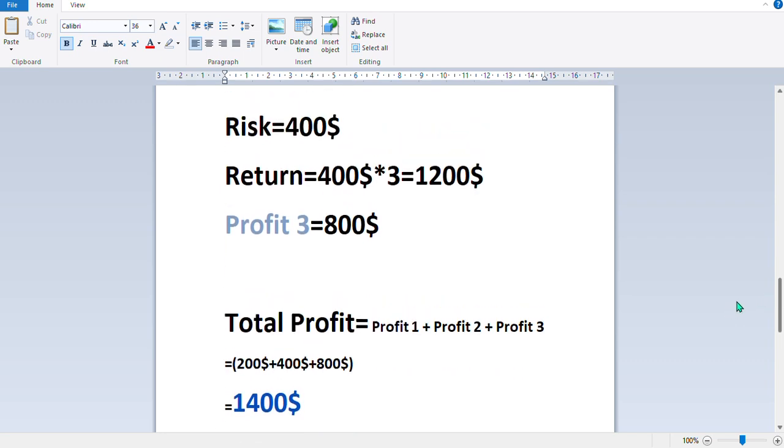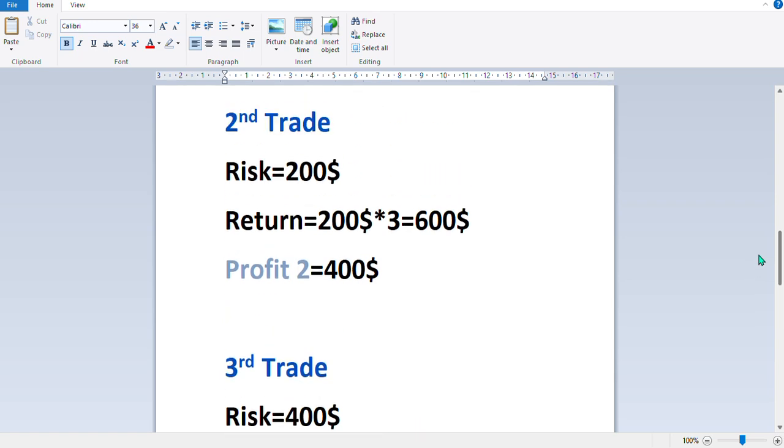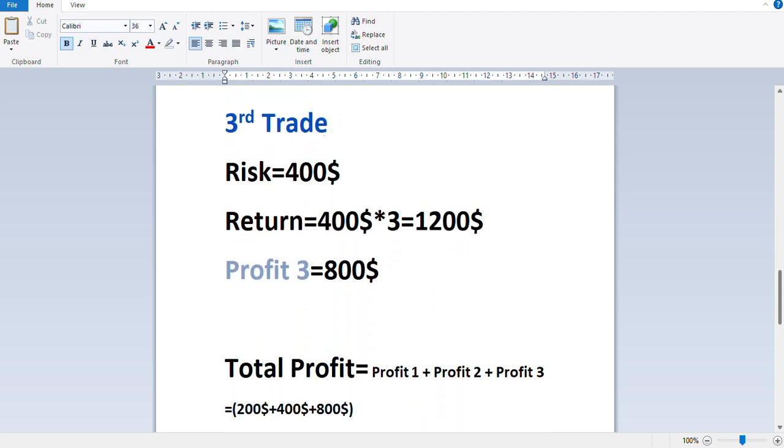In our second trade, our risk was $200, looking to make 3 times that. Once we've made $600 from $200, we have a $400 profit, which we will use as our next risk. So in our third trade, we shall be risking $400.